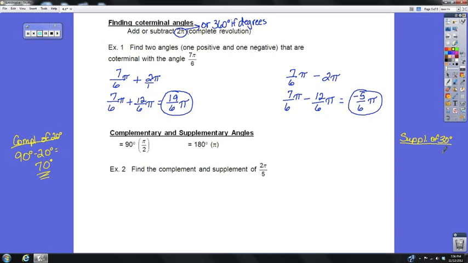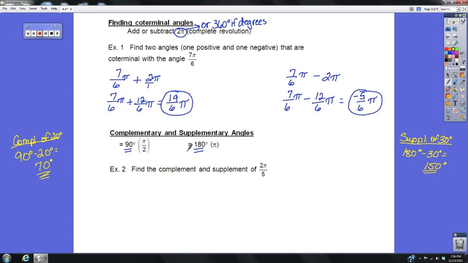Alright, let's come over here and let's do supplement. Supplement means 180. So 180 minus 30 equals 150. So the supplement of 30 would be 150, because complementary is 90 degrees, and supplementary is 180.